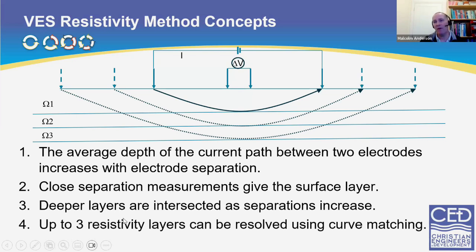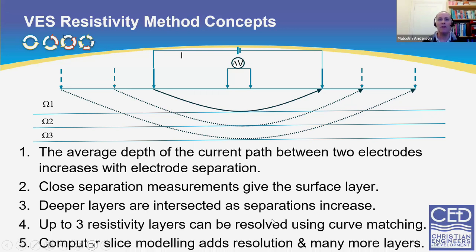And if you use curve matching, which is how this was done historically, then you can get up to 3 resistivity layers using this method, and often that's all you need. But with modern computer slice modeling, the resolution is improved substantially, and you can get quite a few more layers. Although, interestingly, when you use this method, you often end up with only 3 layers anyway. It seems to be one of the rules of life.